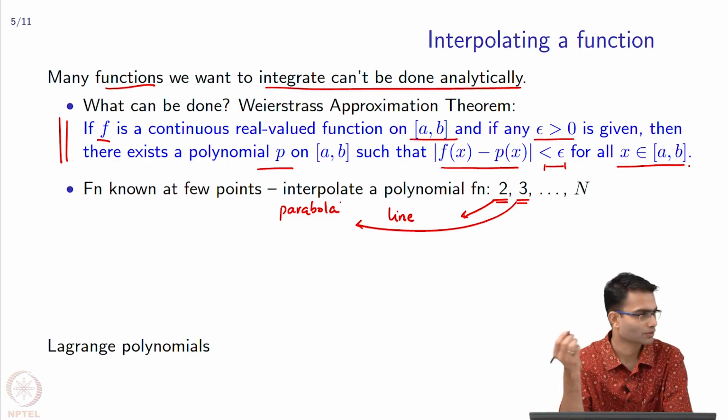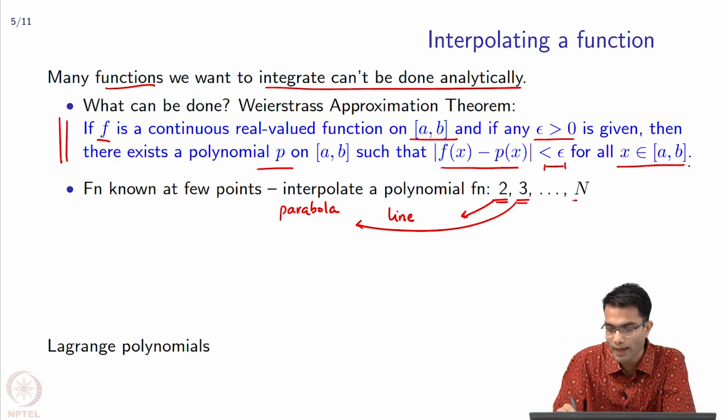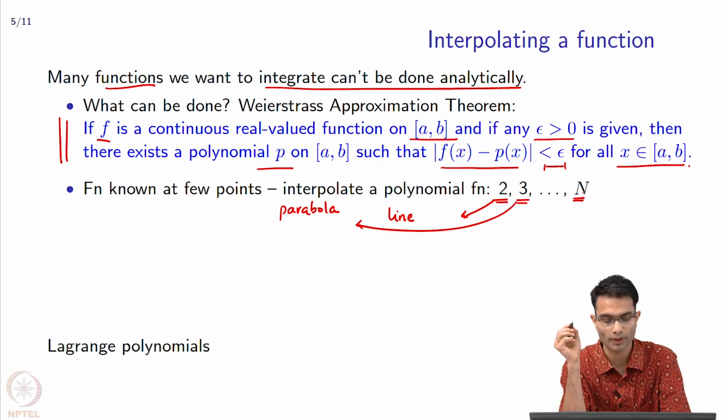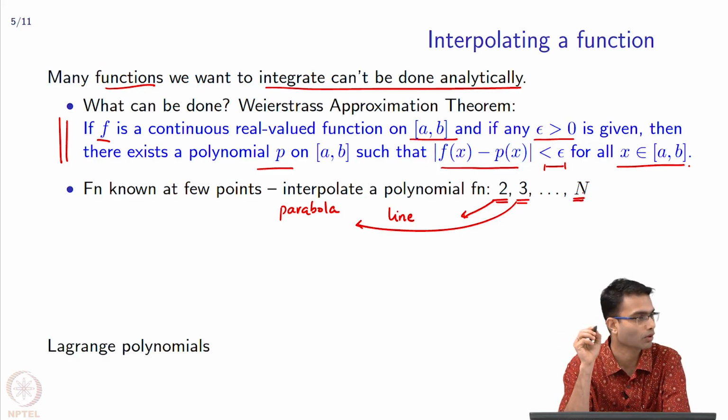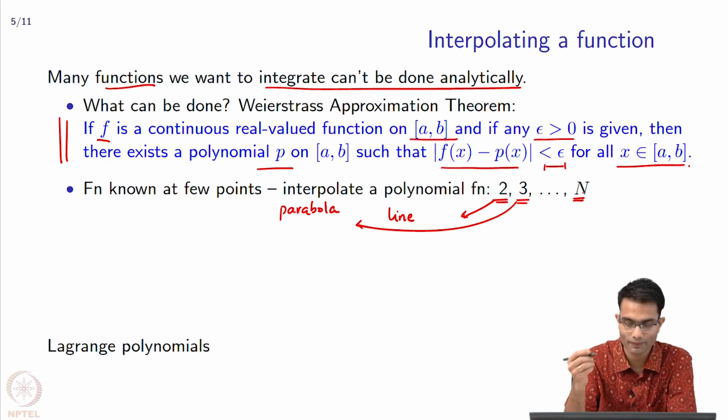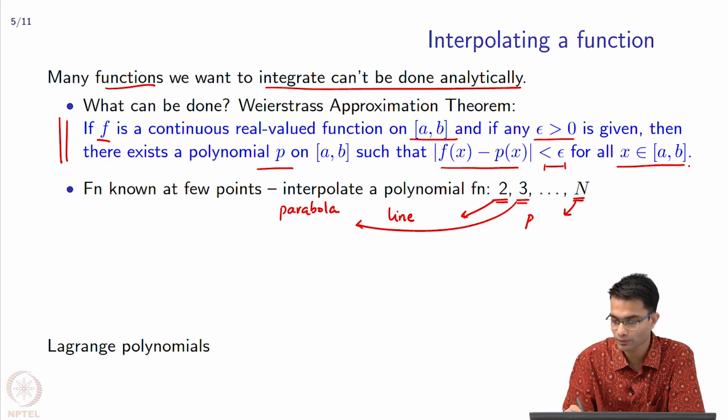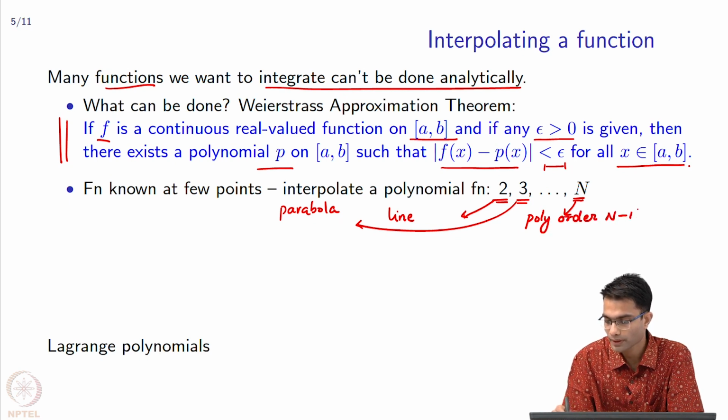So 4 points, and so basically when I go to order n, supposing I say I want to interpolate a polynomial on n points, what will be the degree of the polynomial? n minus 1, right? Put n equal to 2. What is the order of the polynomial? 1. So always you are off by 1 degree, right? So I can fit a polynomial of order n minus 1.